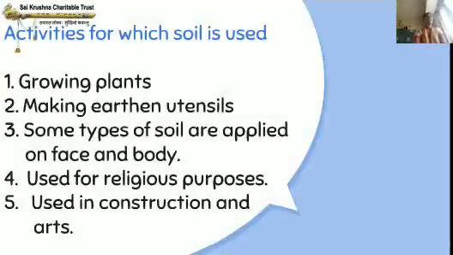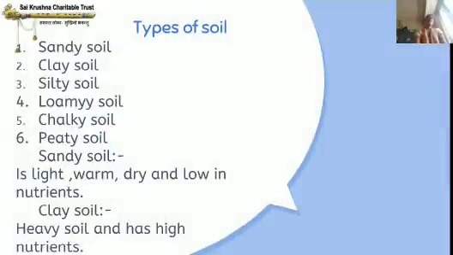Growing plants, making earthen utensils, and some types of soil are applied on face and body, and it is used for religious purposes, and it is used in construction and arts. Understood? And now we will understand.